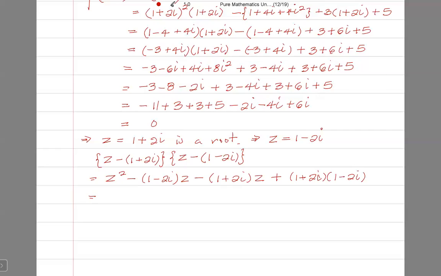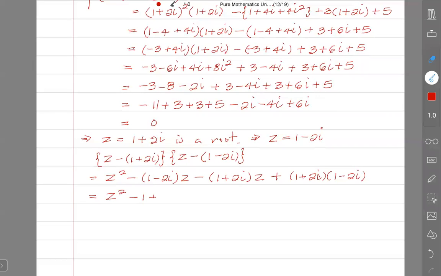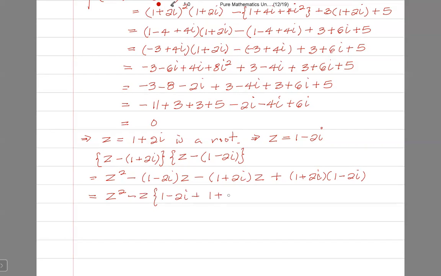All right, let's just work it down to get our quadratic. So now this is z squared. Let's apply the distributive law, and make z the common factor. Minus z, and inside the bracket we're going to have (1 minus 2i) plus (1 plus 2i).